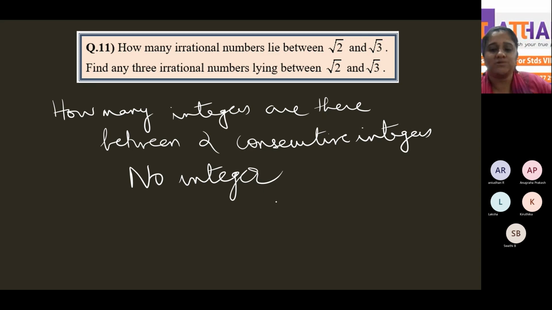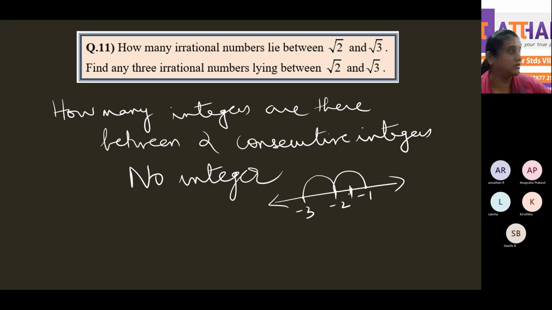There is no integer because between two consecutive integers, supposing -2 and -3, after -2 is -3 here, and here it is -1. Between these two, there is no integer. There are many rationals and irrationals, but there is no integer between that. Because what are integers? Integers are like 0, after this 1, then 2, 3, 4.